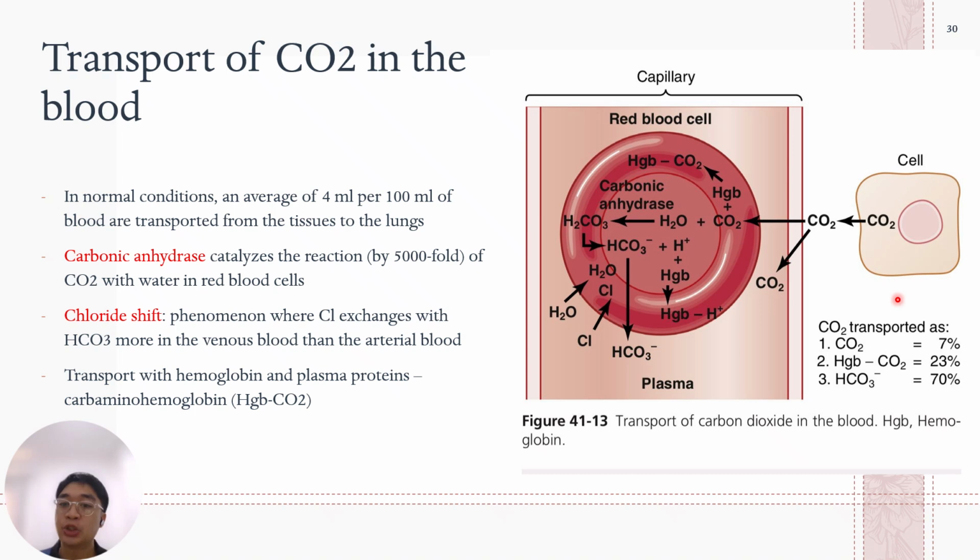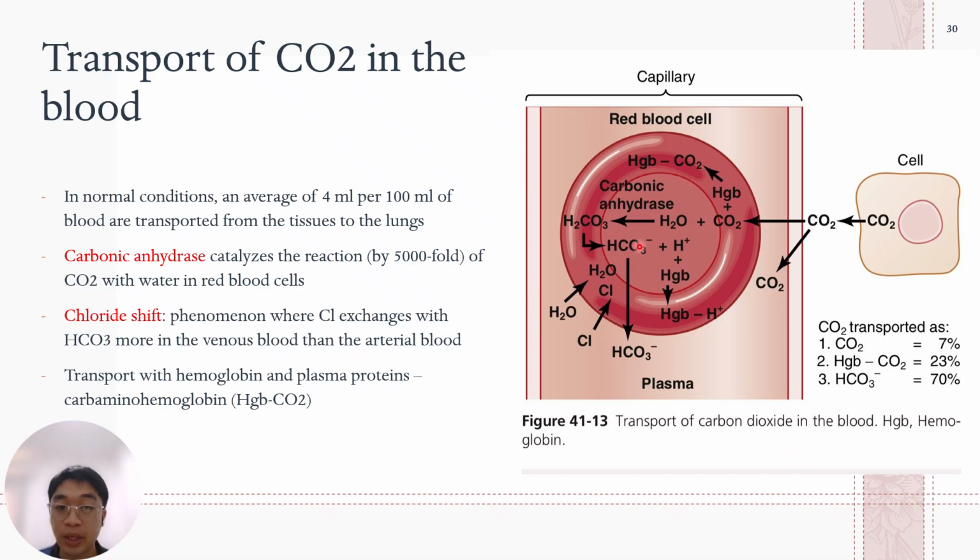So take a look at the diagram first. After the cell is done with its function, because it is metabolically active, one of its wastes is carbon dioxide. When carbon dioxide comes into contact with the water in the red blood cell, it has different pathways.